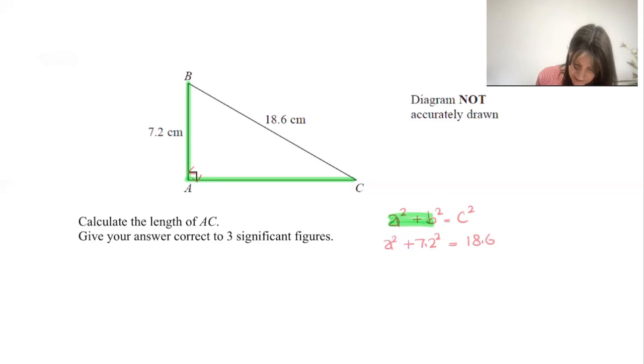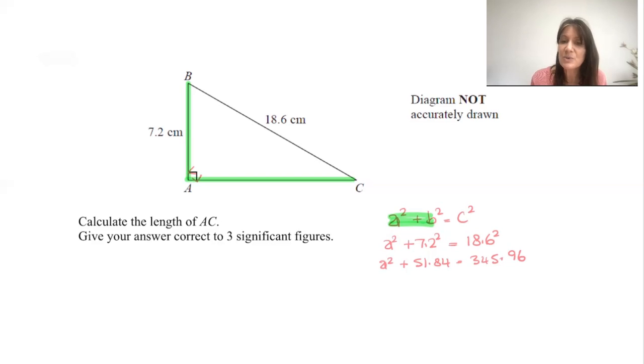So 18.6 squared will go in there. Now it's a calculator paper. All the questions today are calculator papers. So I can put this information in. That's going to give me a squared plus 51.84 equaling 345.96. And now this is just an equation that needs solving.